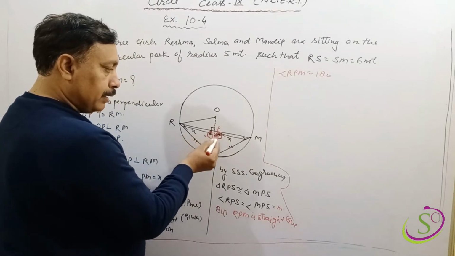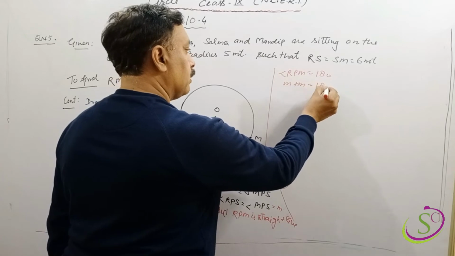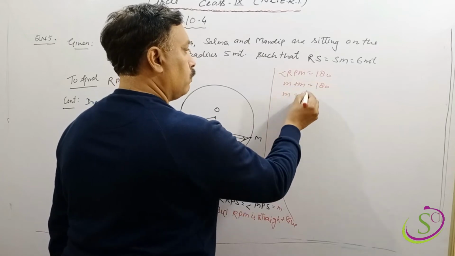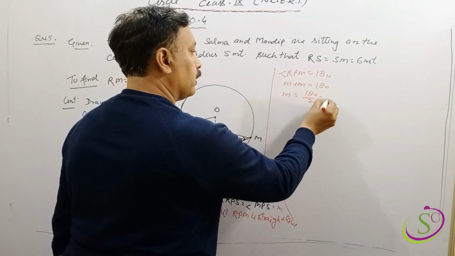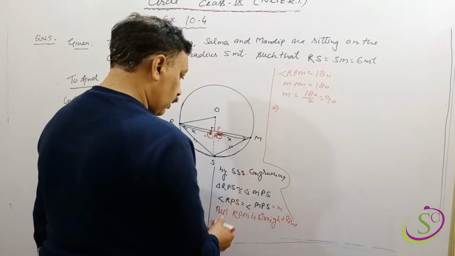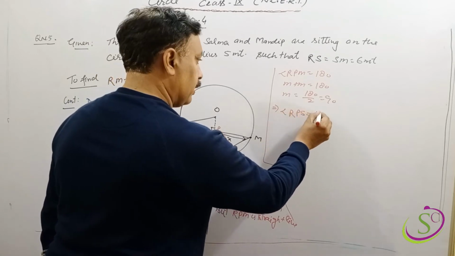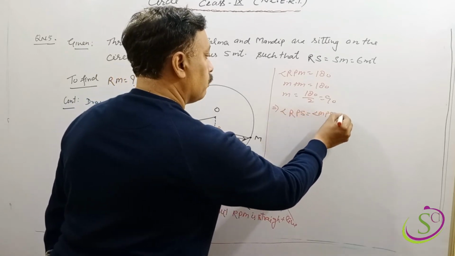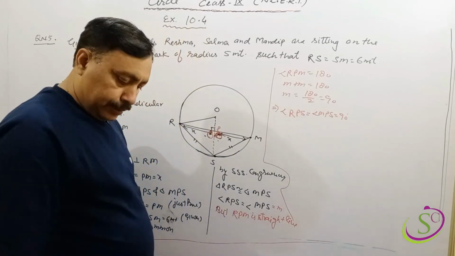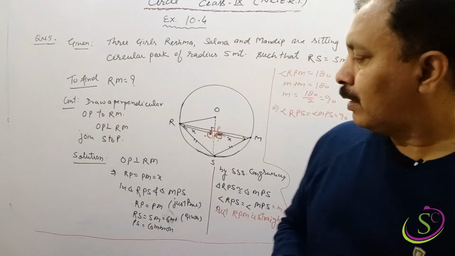This angle M and this angle M. So M plus M, that is 180, or M equal to 180 upon 2, that is 90. Means angle RPS equal to angle MPS और equal to किसके? 90 के. क्लियर?